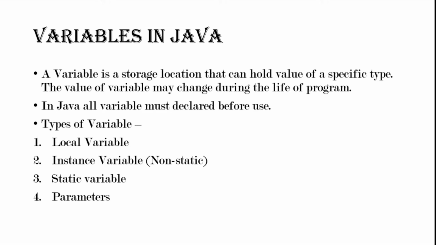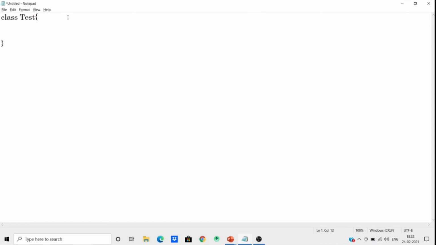Let's take an example of how to define a variable in Java. I write a class named test. In this class I am defining a method named add. Public is the access modifier, void is the return type, and the method name is add.